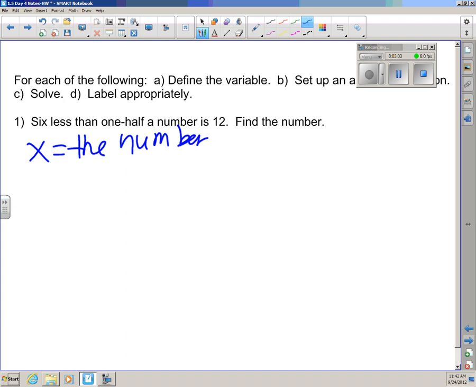And it says 6 less than half a number is 12. Well, 6 less, we know always comes last. Half a number is 1/2 x, is means equals 12. So then we just need to solve this. I tend to solve problems that have fractions in them by clearing out the fractions.